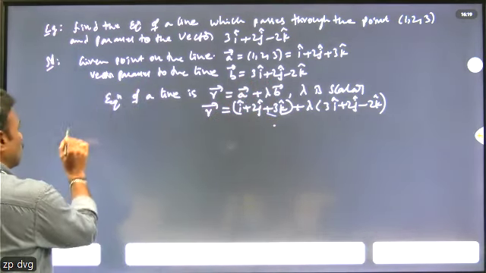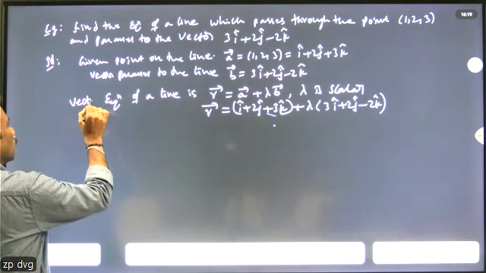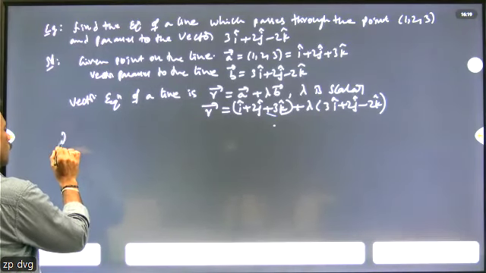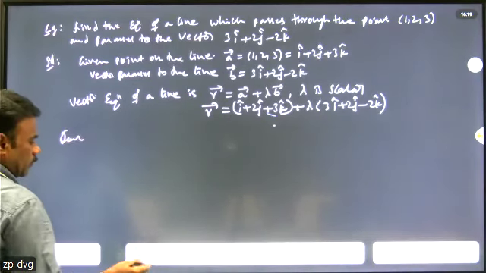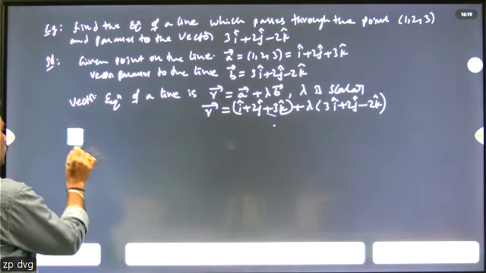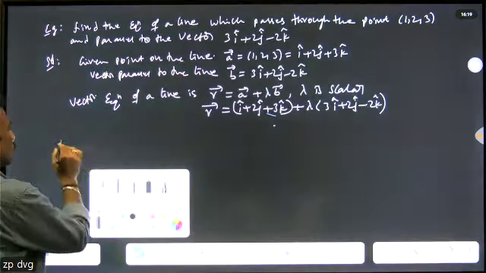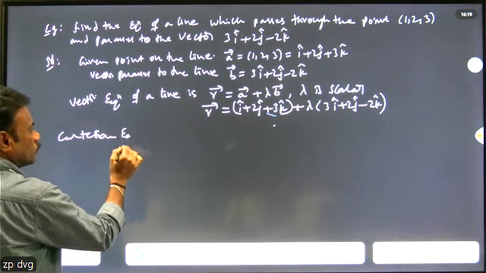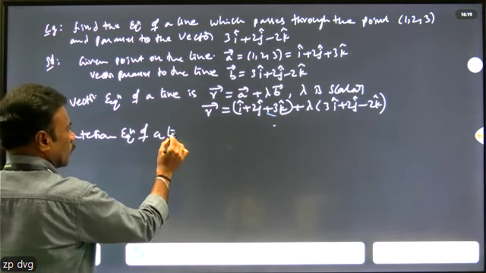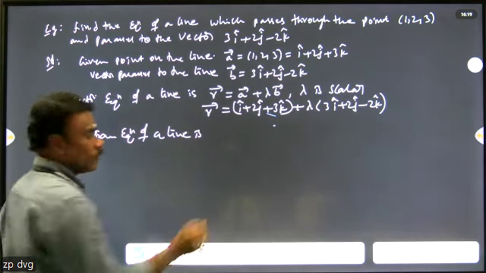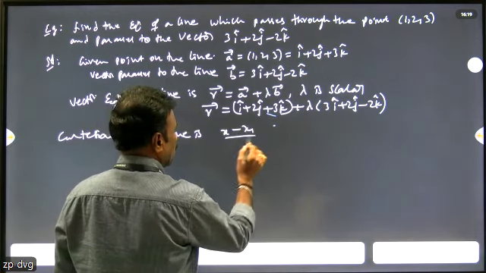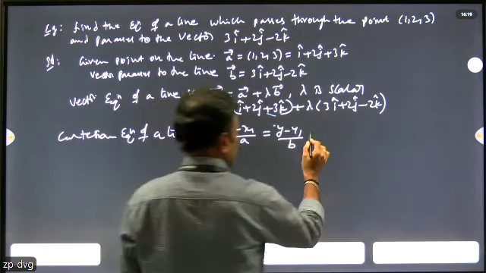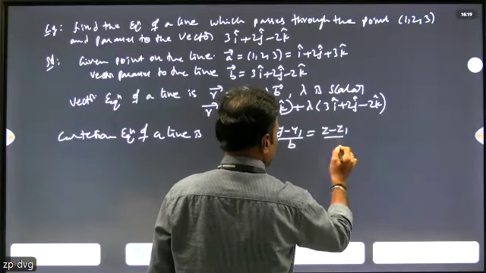Then the Cartesian equation of a line, the formula, we know, is (x minus x1) by a is equal to (y minus y1) by b is equal to (z minus z1) by c.